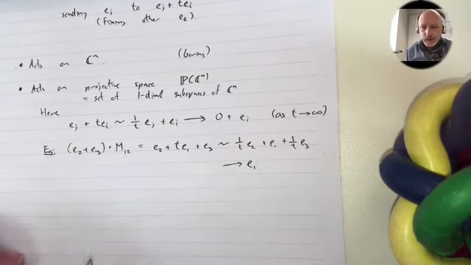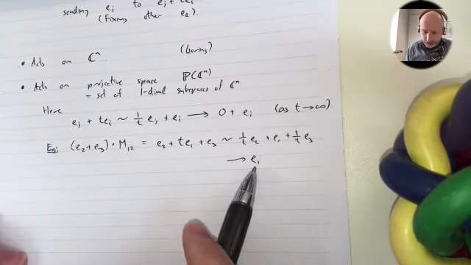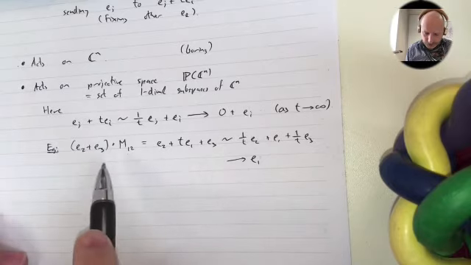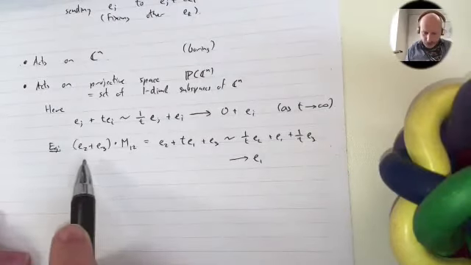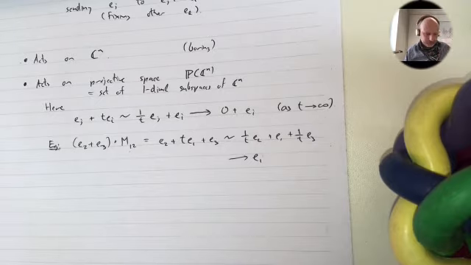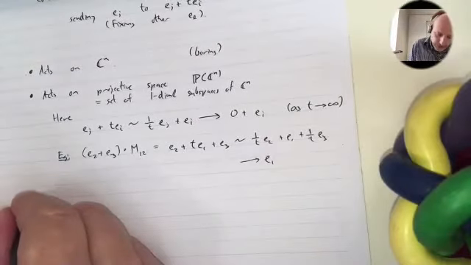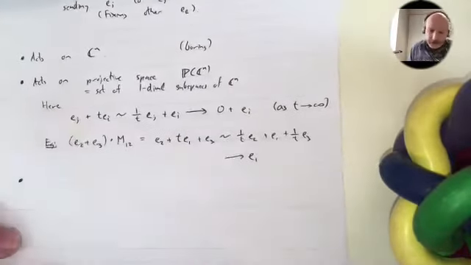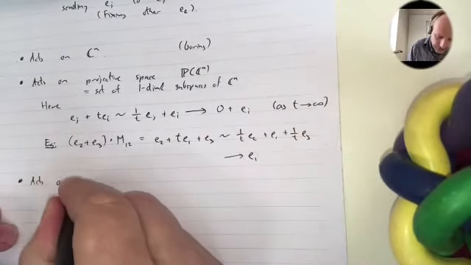So the limit point will often be E1 or Ei. Maybe the picture I was describing breaks down a little bit, but I hope it helps slightly. Okay, so this is routine stuff.